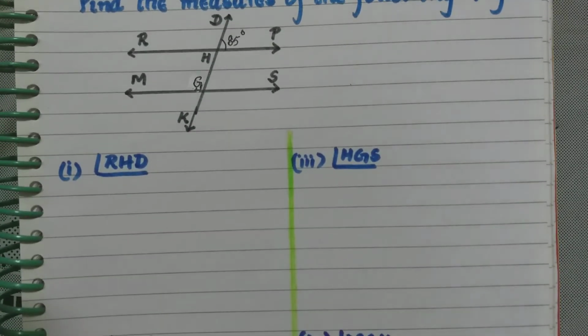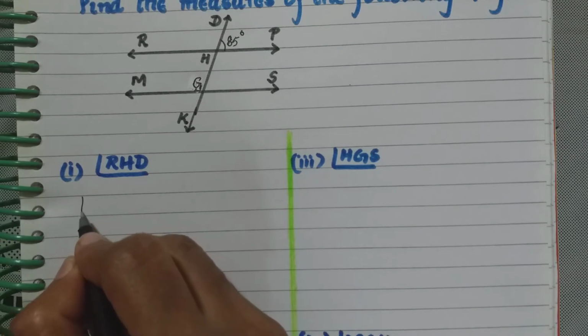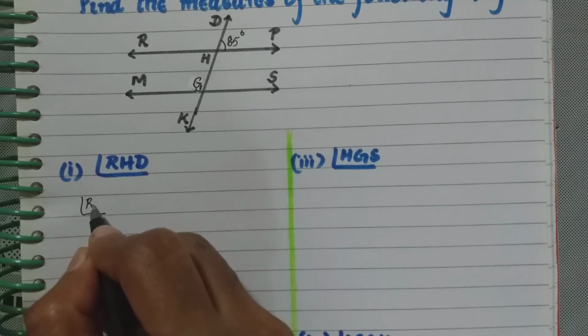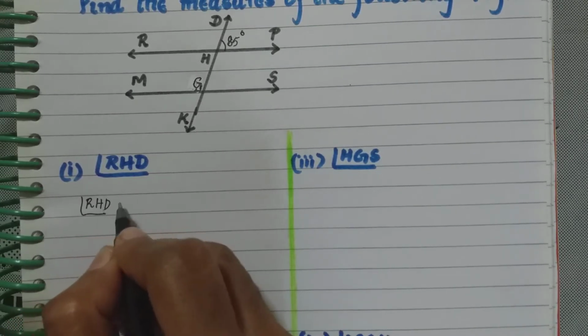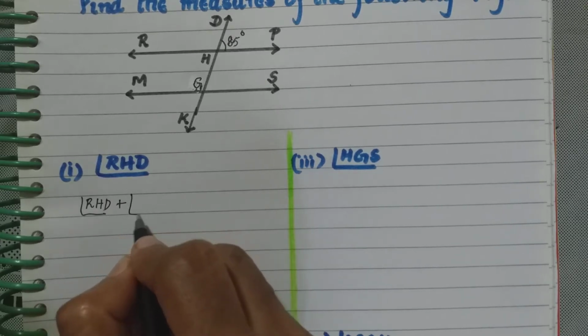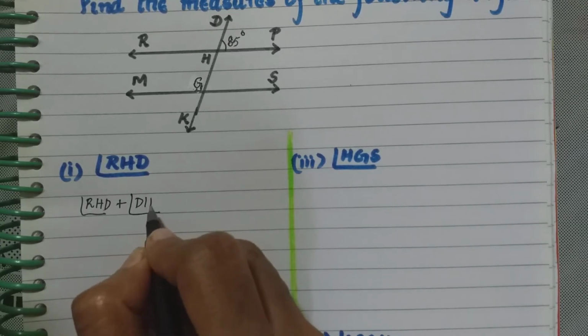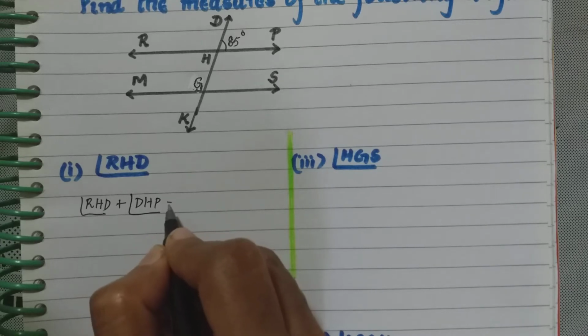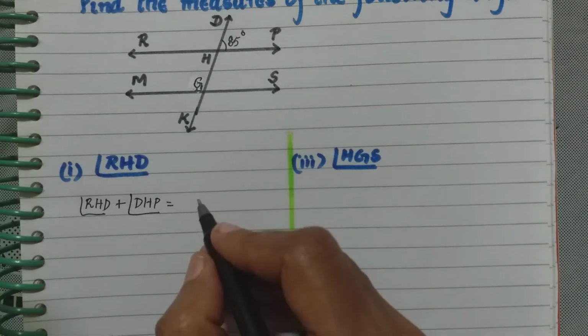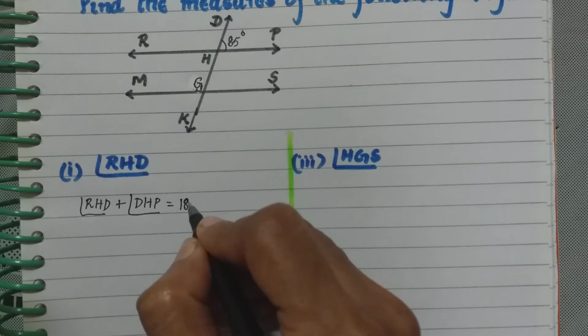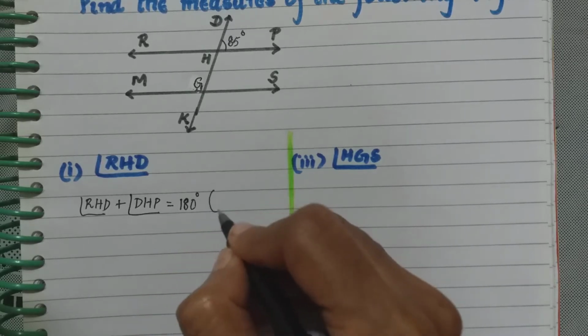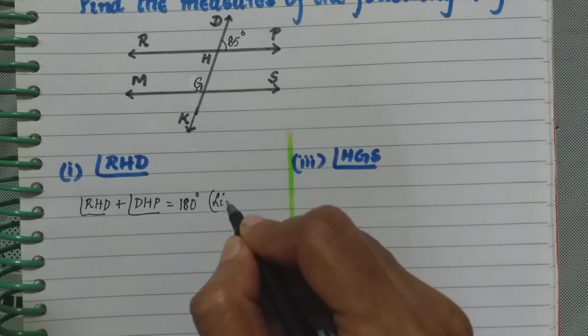Therefore we can write here angle RHD plus angle DHP. If it is a linear pair, the sum of the angles will be 180 degrees. So we write equal to 180 degrees because they are supplementary.